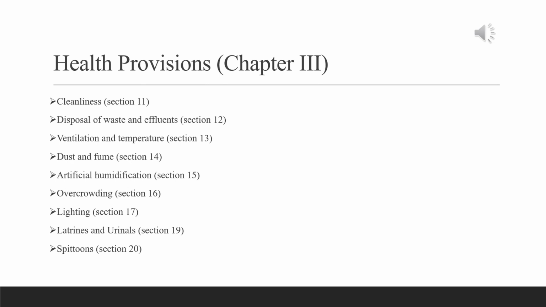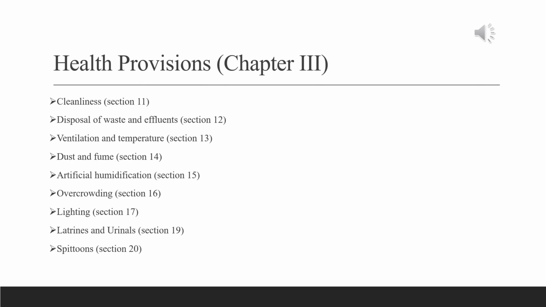No room in any factory shall be overcrowded to the extent that it becomes injurious to the health of the workers employed in that factory. And the working areas of the workers and the passages should have adequate and sufficient light, natural or artificial or both, whatsoever is available.